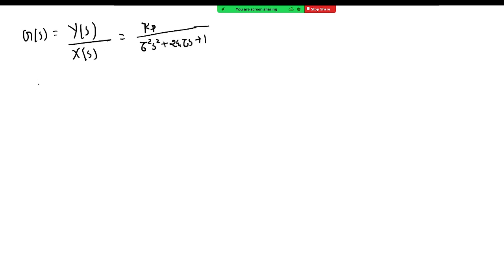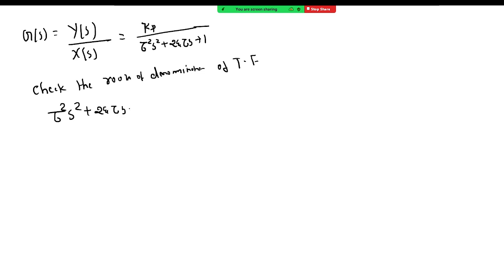Now let's check the roots of the denominator of the transfer function. That is tau square s square plus 2 zeta tau s plus 1 equals 0.